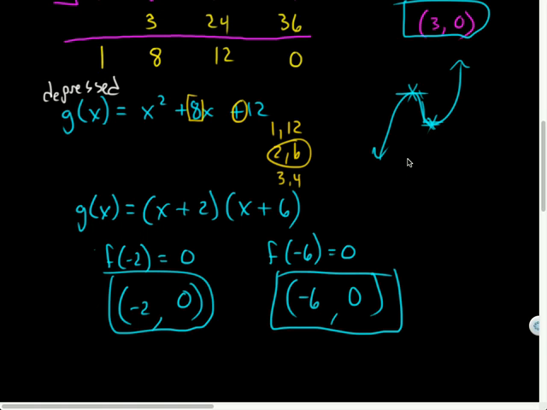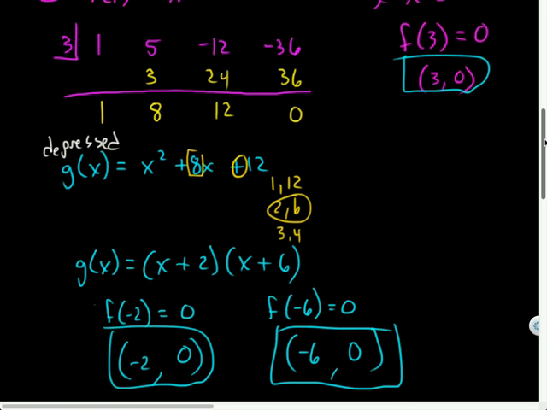There's a calculus way of figuring out the slope of a curve at any point, and we'll set that equal to 0 and solve to find those. But right now we won't be able to, whereas in a parabola we can find the vertex pretty easily.